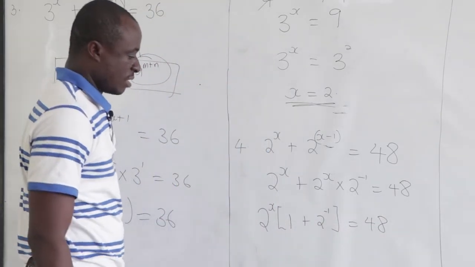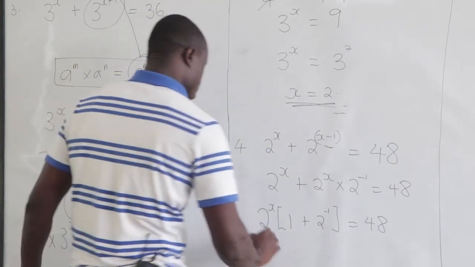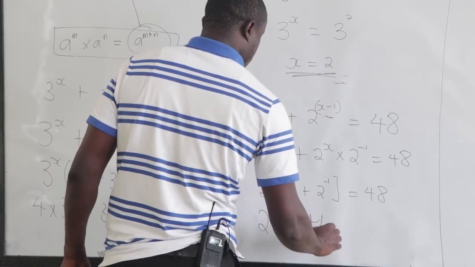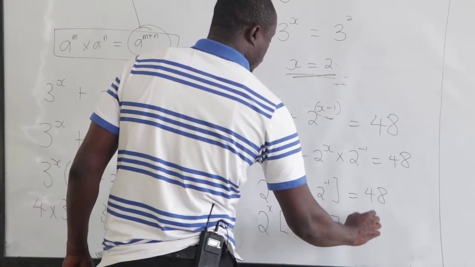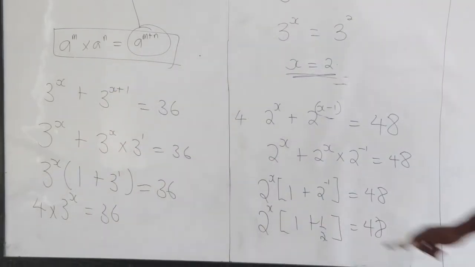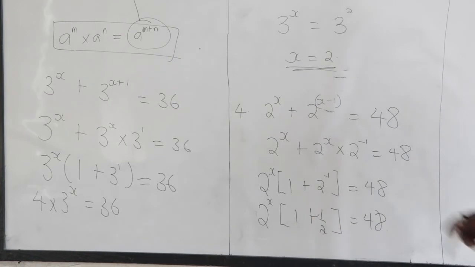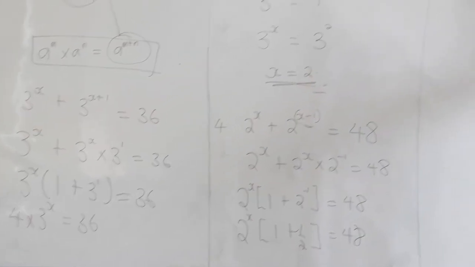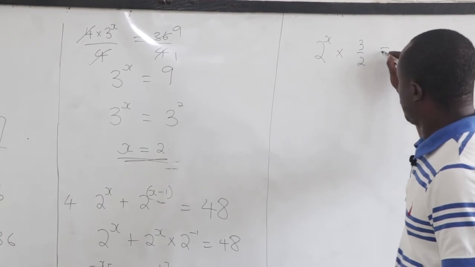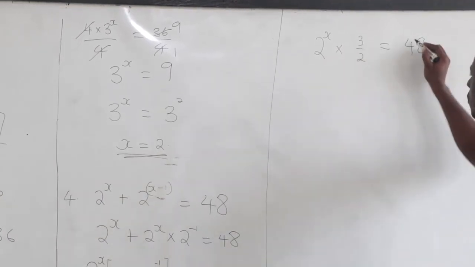Now, this is the same as 2 to the power x times 1 plus 1 over 2 equal to 48. What is 1 plus 1 over 2? We can change this as 2 over 2, which should be 3 over 2. So we have 2 to the power x times 3 over 2 equal to 48.